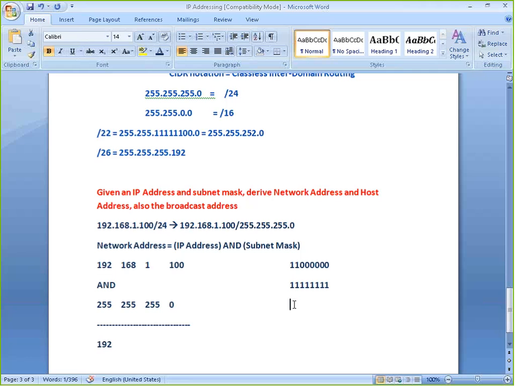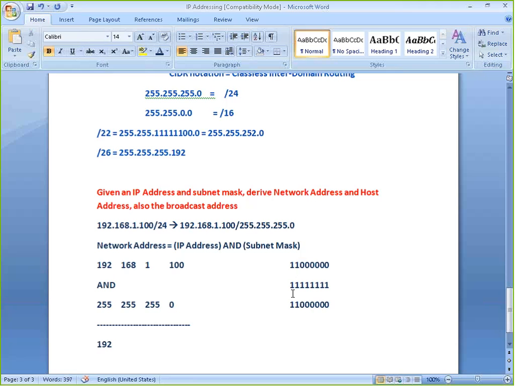So 1 and 1 is going to be 1. Second bit, 1 and 1, that is again 1. Third bit, 0 and 1 is going to be 0. Fourth bit, 0 and 1, that's 0. 0 and 1, that's 0. 0 and 1 again, that's 0. 0 and 1, that's again 0. And the last bit is also 0 and 1, that's 0.